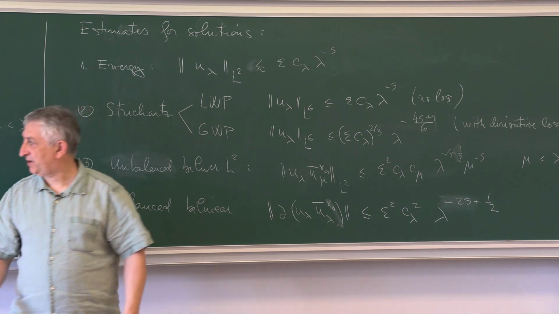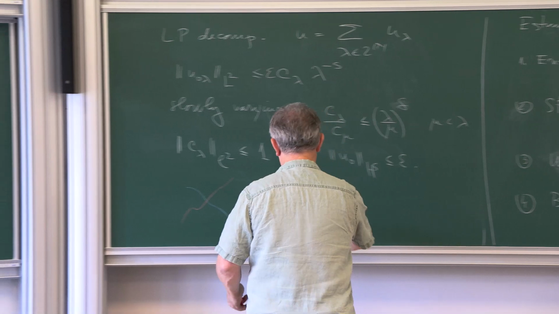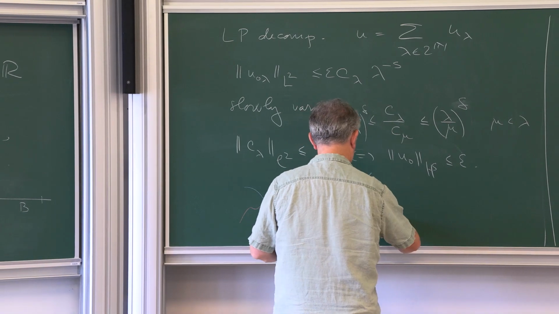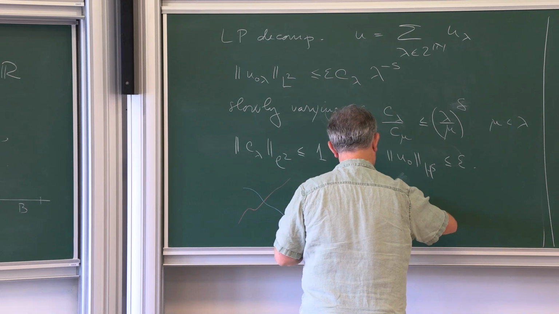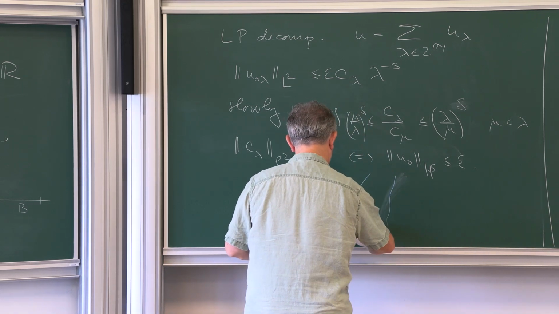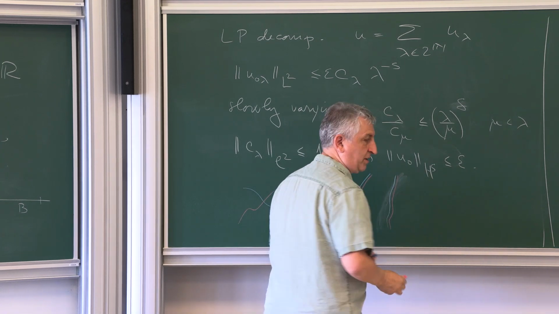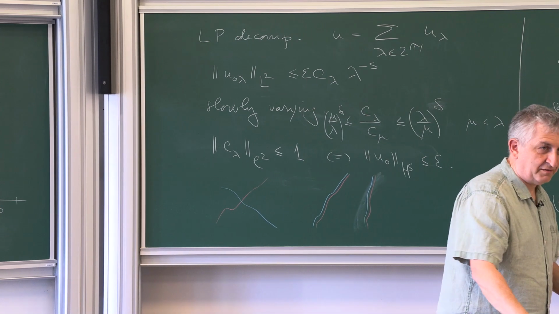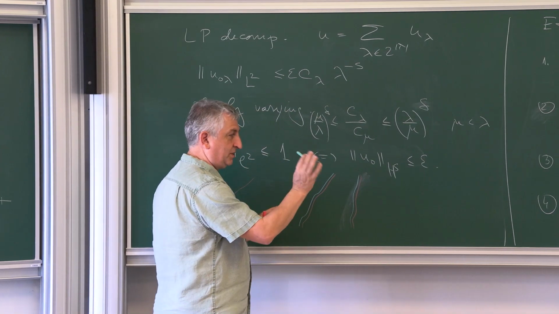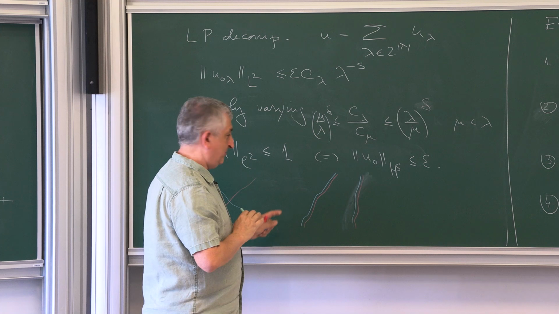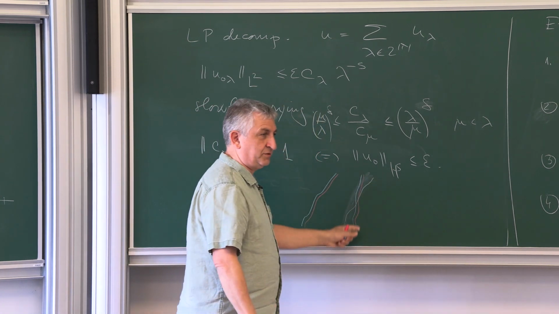Let me draw a picture here. I have a blue wave, and then I have a corresponding red wave. Let's say they are originally parallel, but after I translate the blue wave, it is no longer parallel to the red wave.